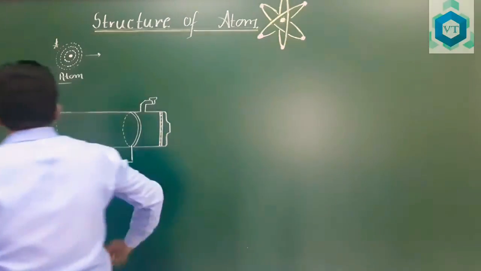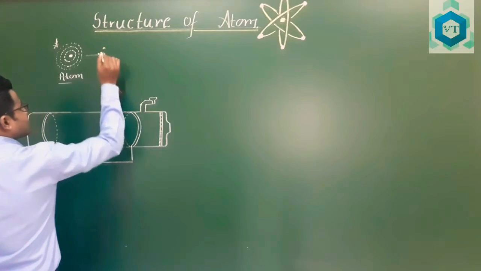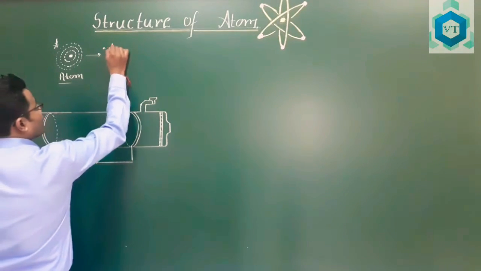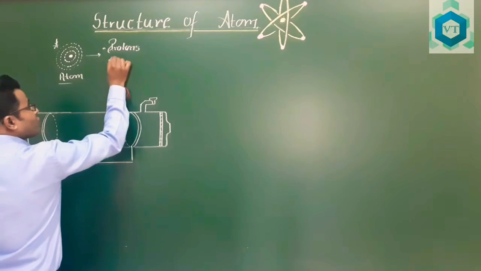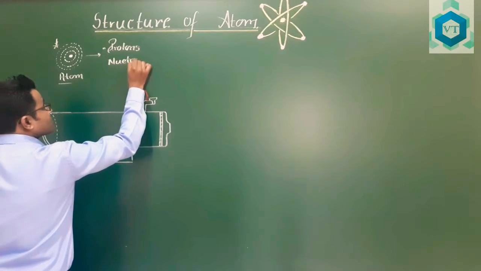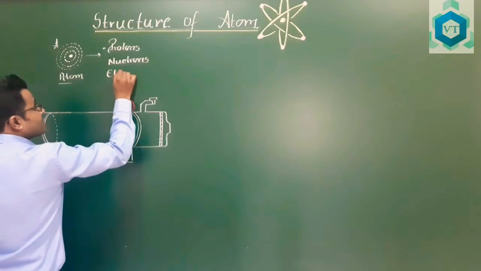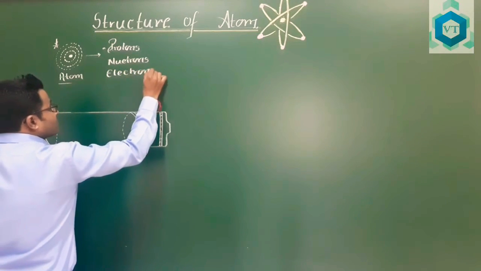Therefore, this atom had its own very complicated structure, which is made up of protons, neutrons and electrons.